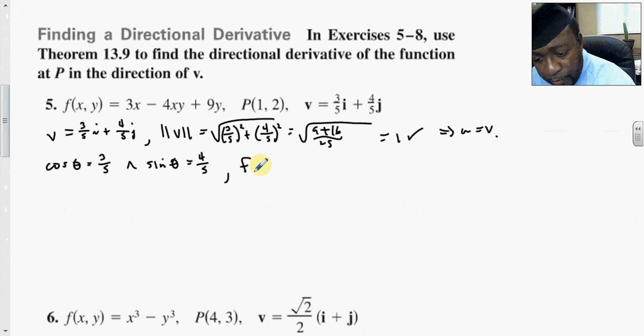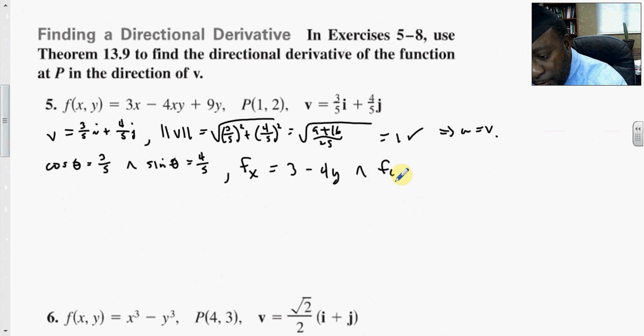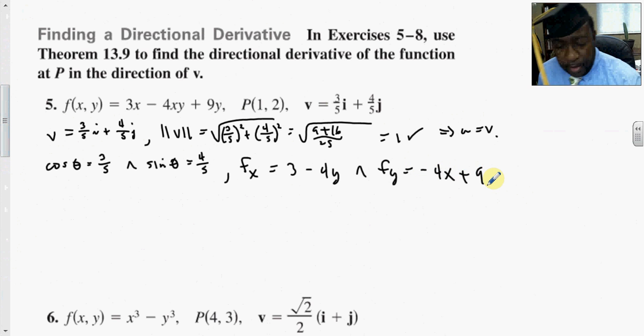Now the partial derivative of f with respect to x is 3 minus 4y, and the partial derivative of f with respect to y is negative 4x plus 9.